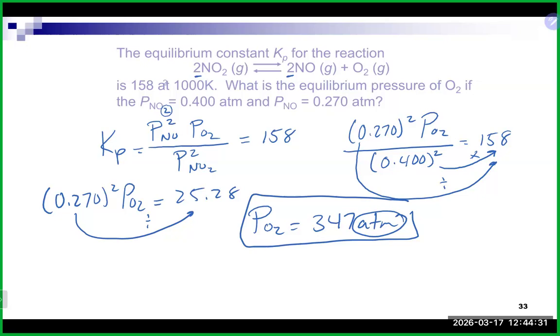Yeah, so again, as I mentioned earlier, units aren't going to work out really well because technically speaking, the 158 has units associated with it, even though we don't write it. So that's how you get back to atmosphere. The short answer is if you're solving for something like a concentration or a pressure in these situations, the pressure unit should probably be atmospheres, which is what the other ones were probably in, and the concentration would probably be molarity.